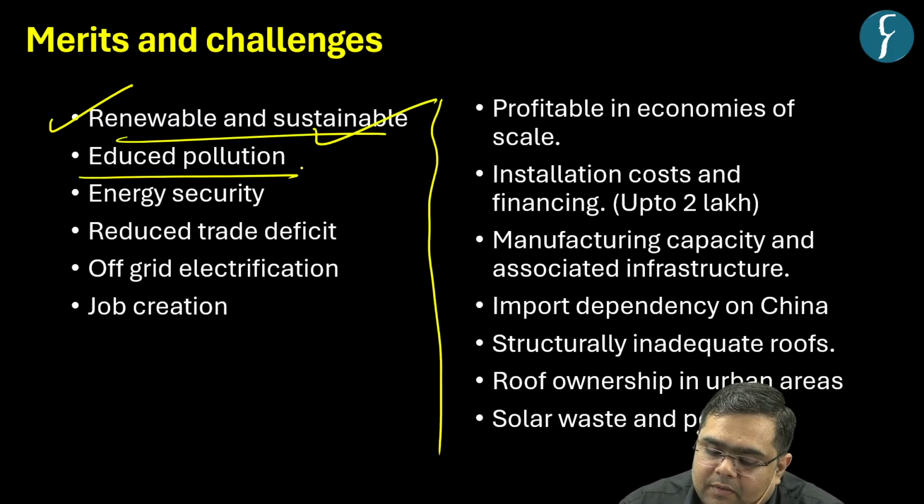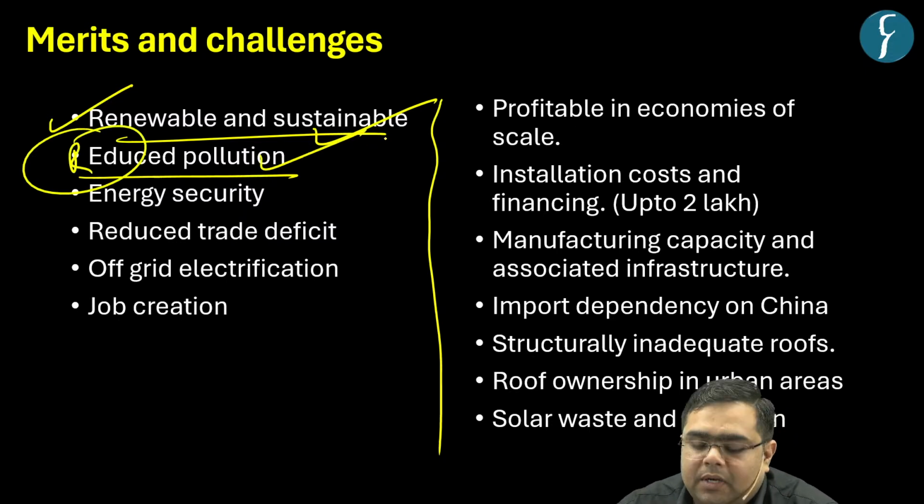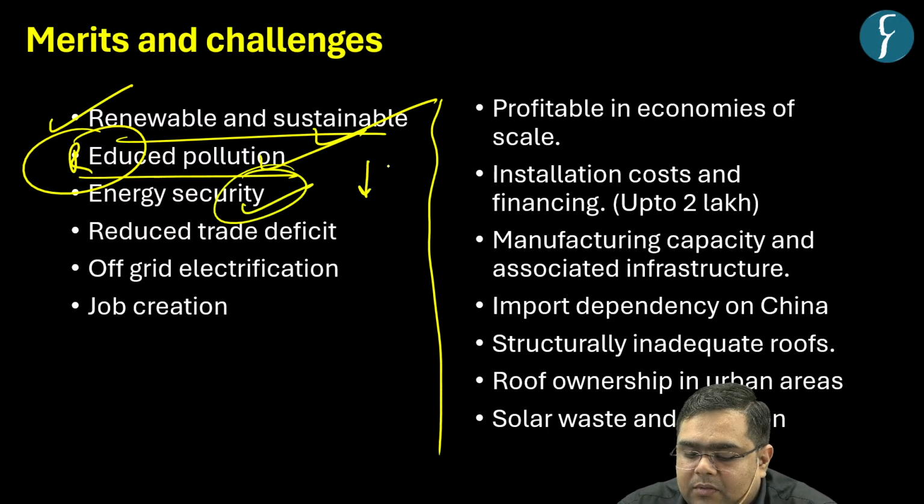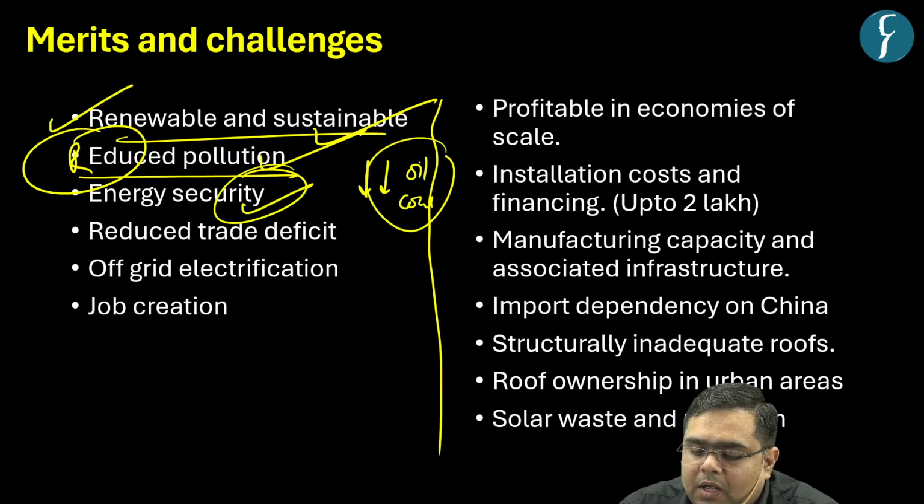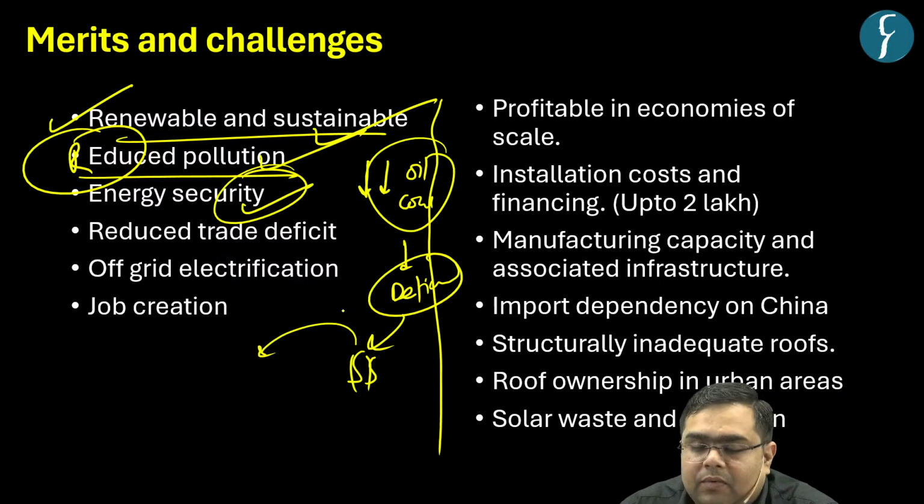Second would be reduced pollution. Third is energy security and self-reliance, because we import not just oil but also coal, and this leads to the deficit, because dollars flow out of the country for procurement of oil and coal.